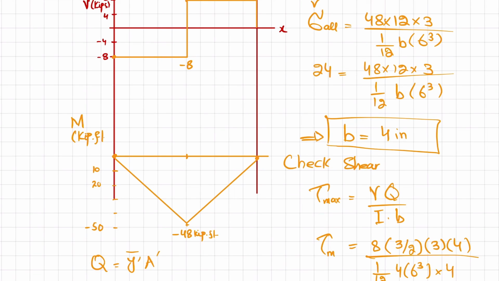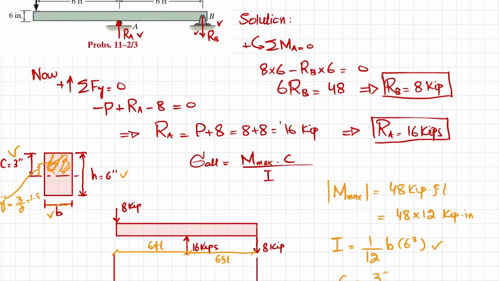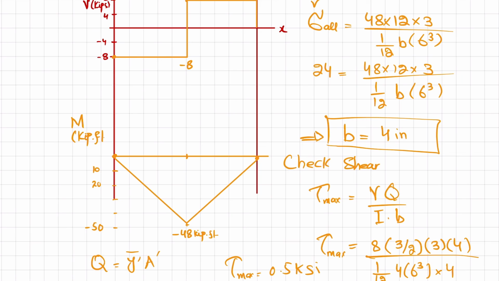From here you will get the maximum shearing stress as 0.5 ksi. Now this tau max is less than tau allowable, and tau allowable is 15 ksi. So it means that the height of the beam is 6 inch, while the width is 4 inch for the given loading only.